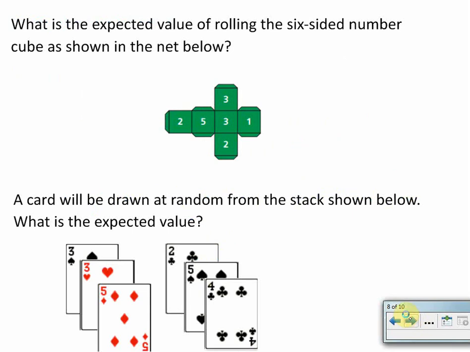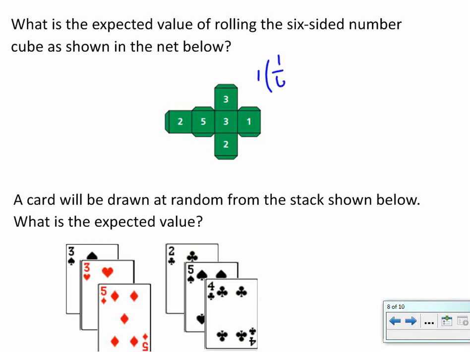It's a little different when our dice aren't standard, though. In this example, I have a net of a cube. Remember that each square of the net represents a different face of the die. I don't have the numbers 1 to 6 here, and the probabilities are a little different because there's one 1, two 2s, two 3s, and one 5. So if I want to find the expected value here, again, I'm going to multiply each numerical value by its probability.